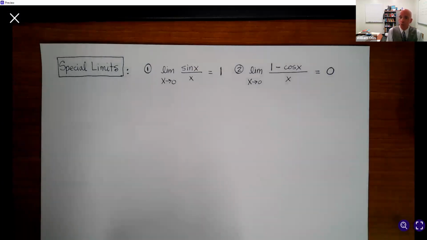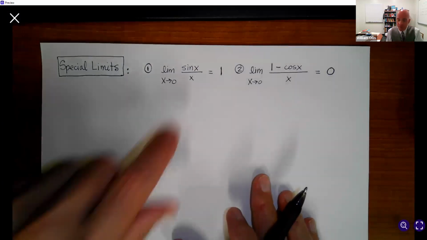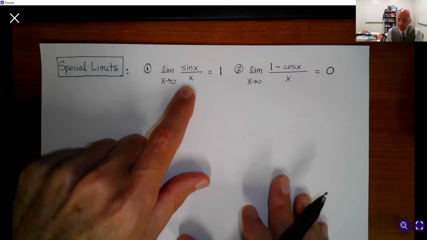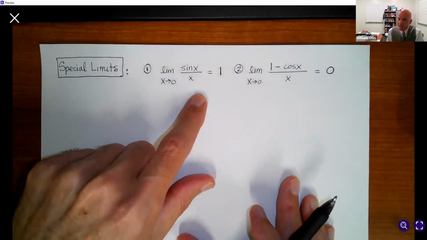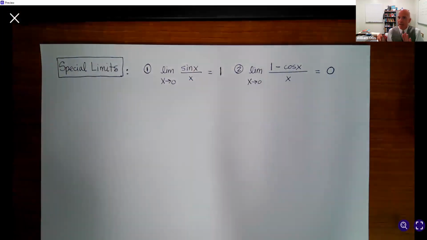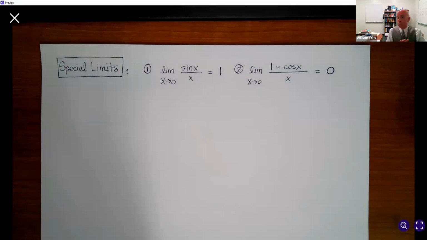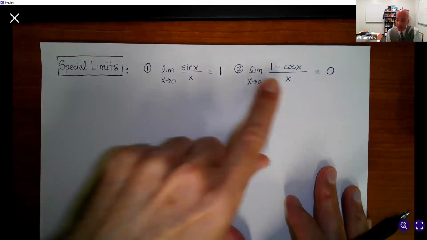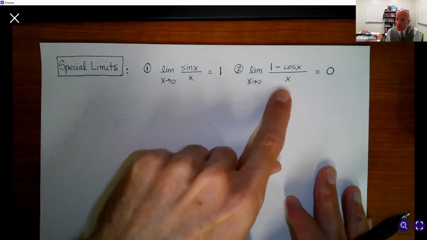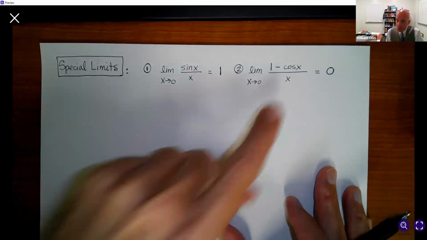And like I said before, this requires the utilization of the squeeze theorem to get this, and then we can cheat to get this. Let me show you, at least now, because this is right along the lines of how we've been doing the previous problems. So let's look at this and see if by knowing 1, we can actually get 2. Let me show you.